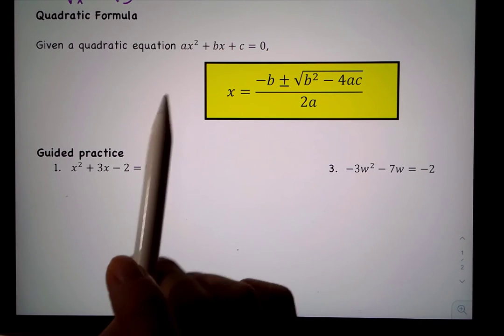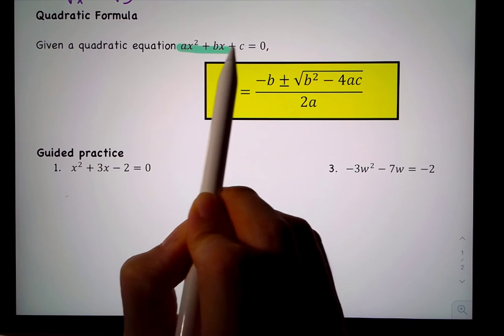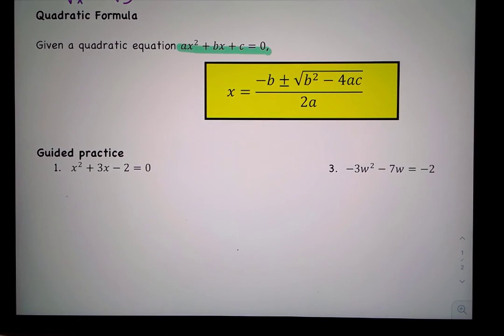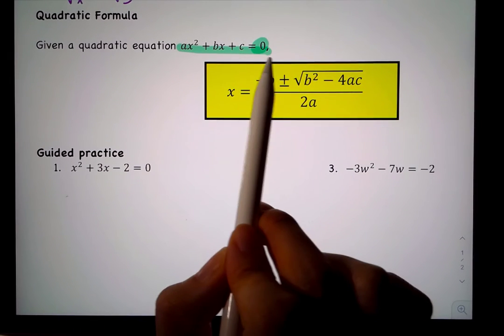Okay? The first thing is you need to have standard form like this: ax squared plus bx plus c equals 0. So you need to arrange the equation in order, from highest degree to the constant term, and your right side must be 0. All right, that must be 0, and you set it up like that.